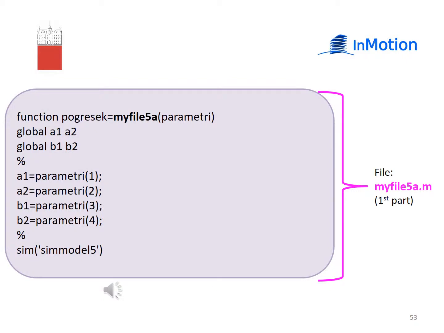The criterion function, namely myfile5a.m, consists of the following lines. First, global parameters are defined. Then, temporary values of the optimized parameters are given to the A1, A2, B1 and B2, and a simulation run of the file simmodel5 is started.